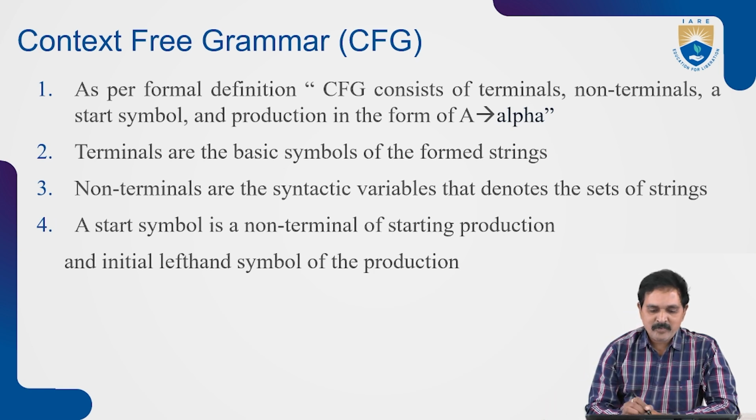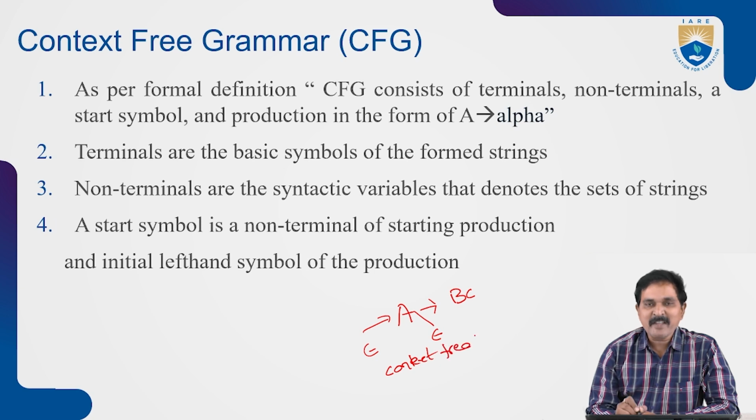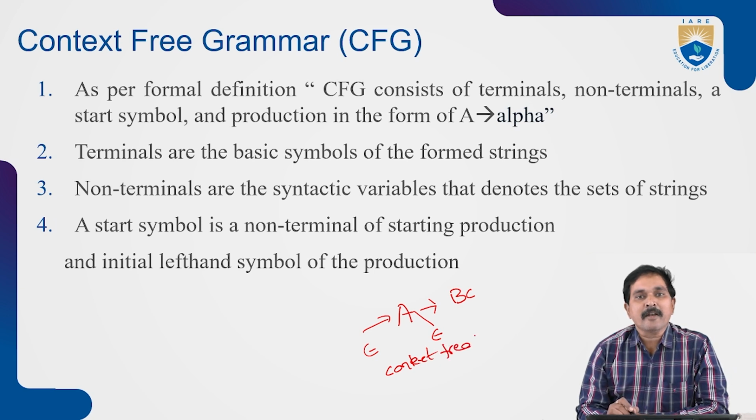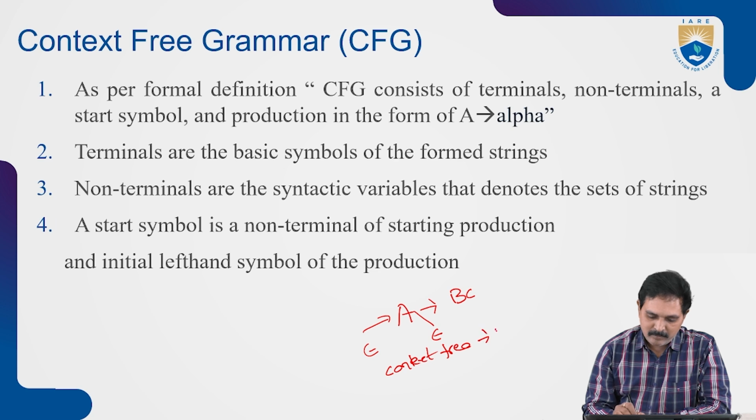Context free is nothing but that we cannot define any left context or right context. For example, I am showing a rule like this. Here the left context is totally empty, and the right context is also empty. So this is the basic idea of context free: no left context and no right context.